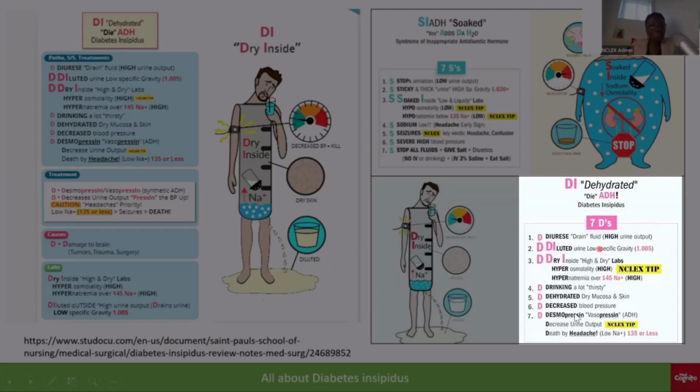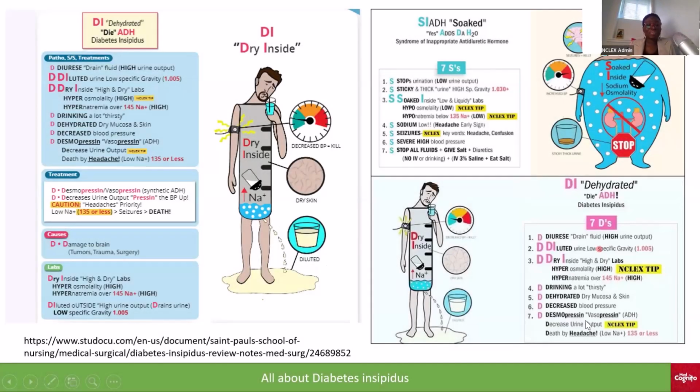And as the name implies, desmopressin, vasopressin, it's going to work on the kidney tubules. It's going to press on them, to retain your urine, keep your urine. You are giving out too much water. Press on the tubules and help retain the urine. So in that case, there would be decreased urine output.